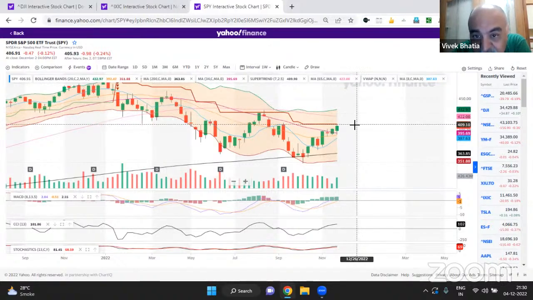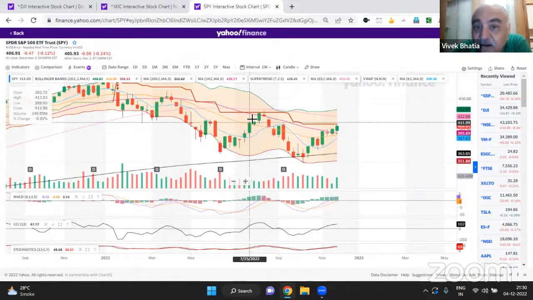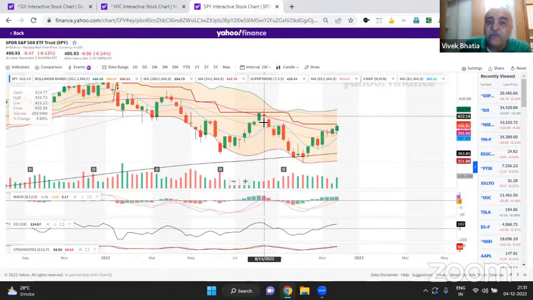So my expectation is super trend here will get broken this week, and automatically your next target will be 428. So if super trend gets broken at 410, I'll be a buyer at 410 or 411 for a price of 428 or 427.